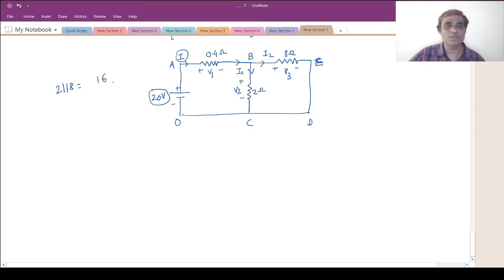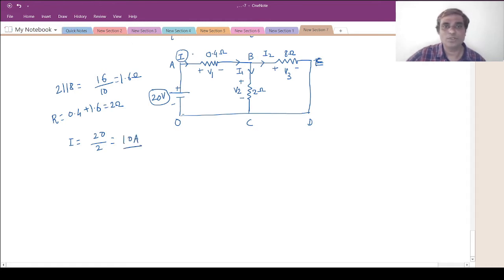It is 16 by 10, which is 1.6 ohm, and then it is in series with 0.4 ohm. So the total resistance will be 0.4 plus 1.6, which is 2 ohm. Now I know the total equivalent resistance and the total voltage, so I can find the current as V by R, which is 20 divided by 2. So the total current will be 10 ampere.